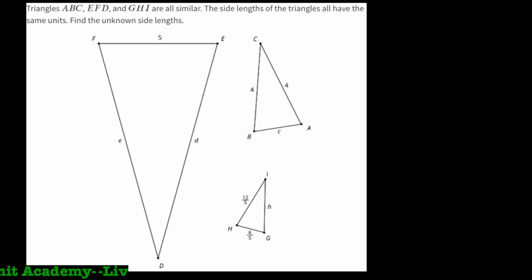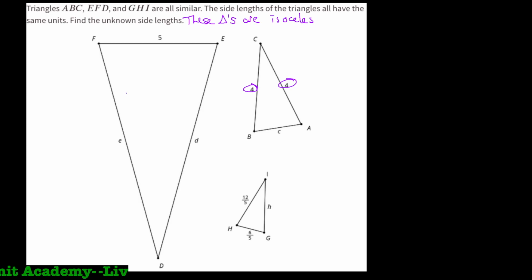I also know, if I look at this part here, I have 2 side lengths that are the same, so that means that these triangles are isosceles triangles.